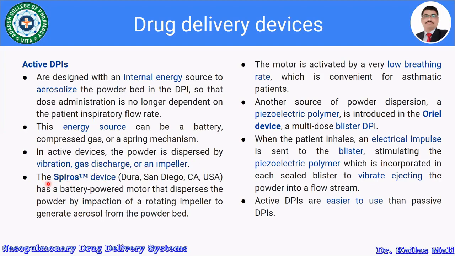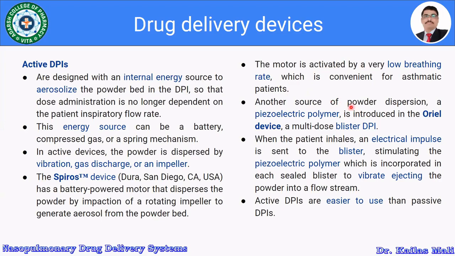The Spiros device, from Dura, has a battery-powered motor that disperses the powder by impaction of a rotating impeller to generate aerosol from the powder bed. The motor is activated by a very low breathing rate, which is convenient for asthmatic patients.